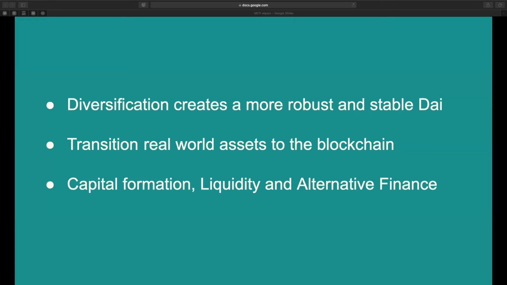Tokenizing real-world assets also includes a lot of reimagining of capital formation and structuring. Generally the idea of debt equity structure will give way to more granular claims on organizations, creating a wider spectrum of capital choices.